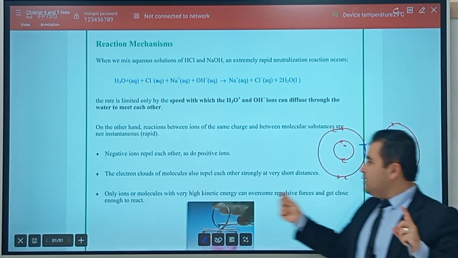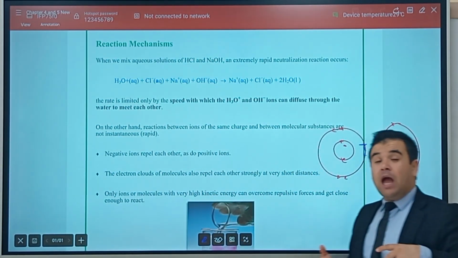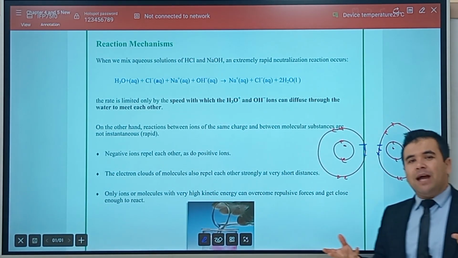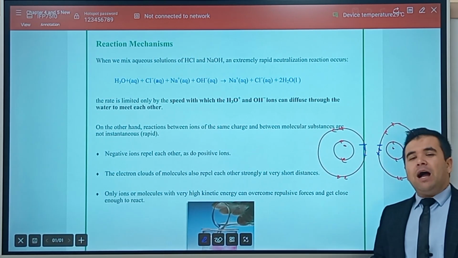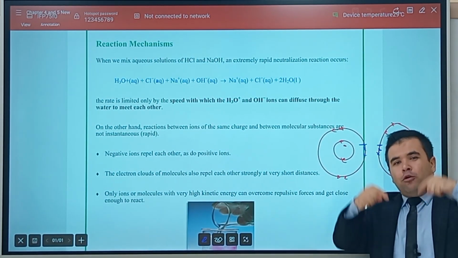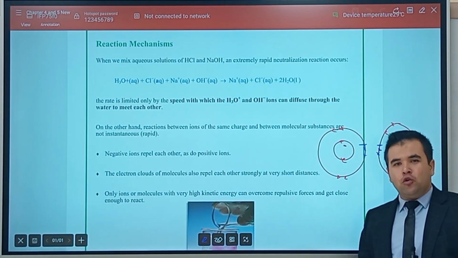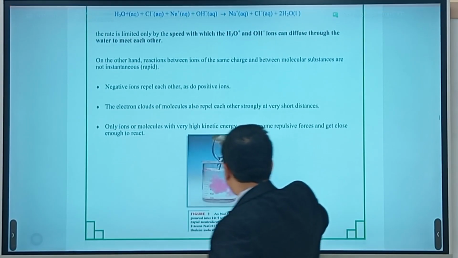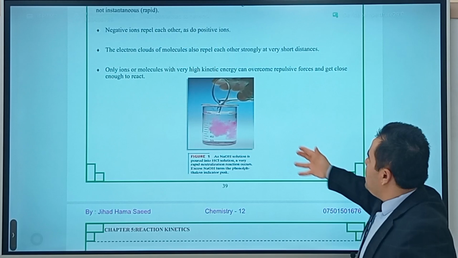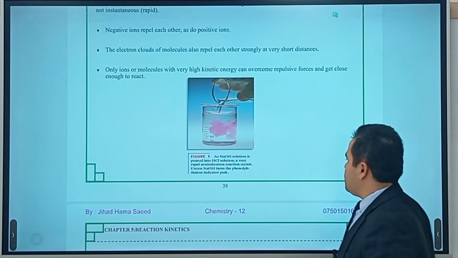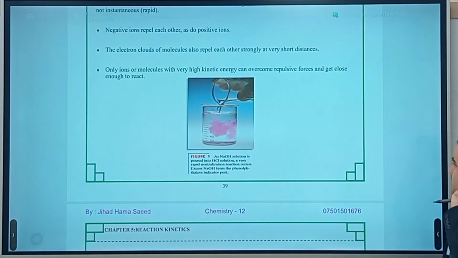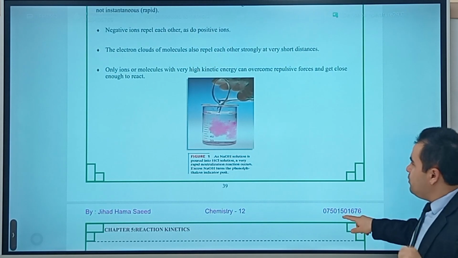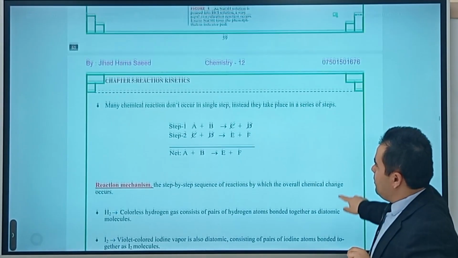But only molecules with very high kinetic energy can overcome this repulsion force and attract and react together. Here we have the reaction of HCl and NaOH, which also represents the neutralization between those two chemicals.